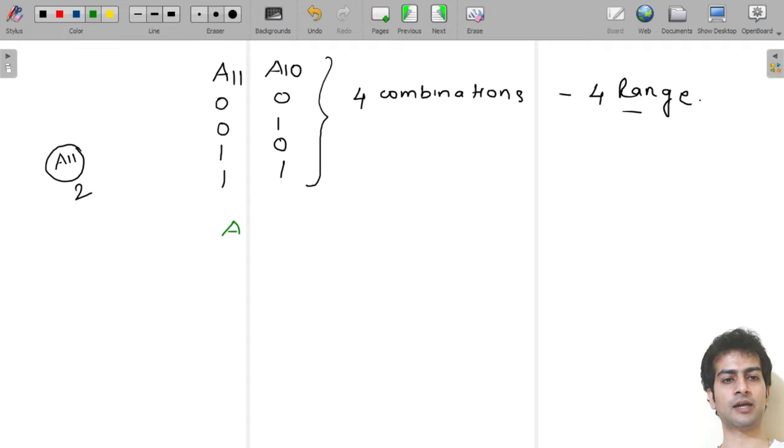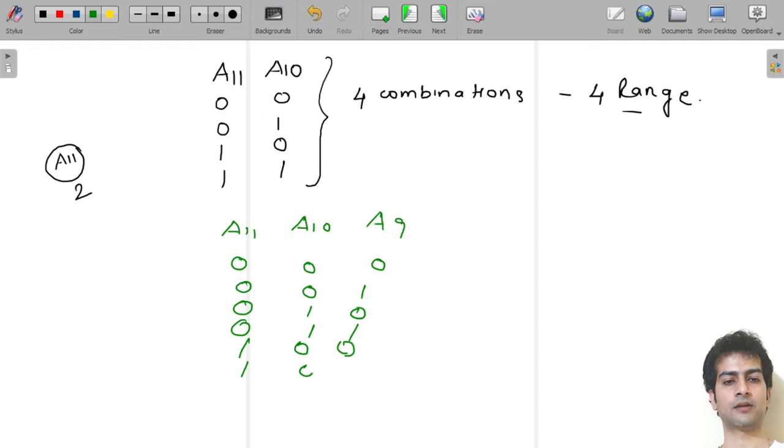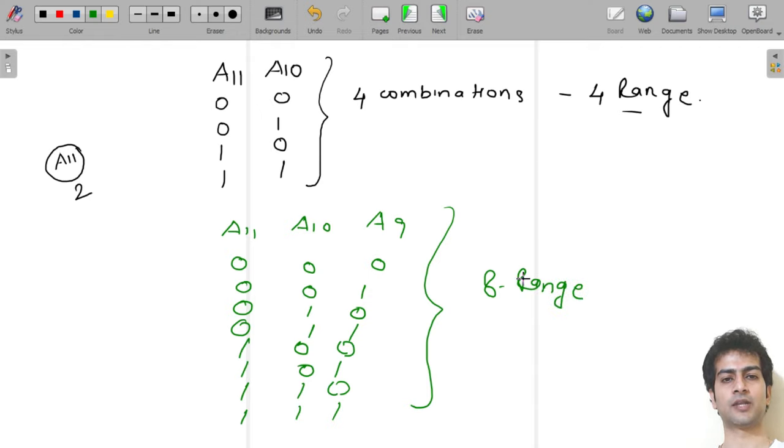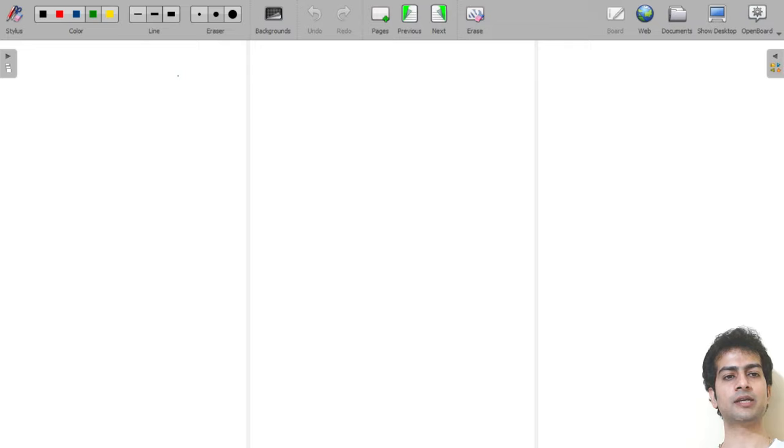Now if A11, A10 and A9 are not given, we will get 8 combinations, that is, 8 ranges. To summarize, if 1 address line is missing, we get 2 to the power 1, that is 2 ranges.